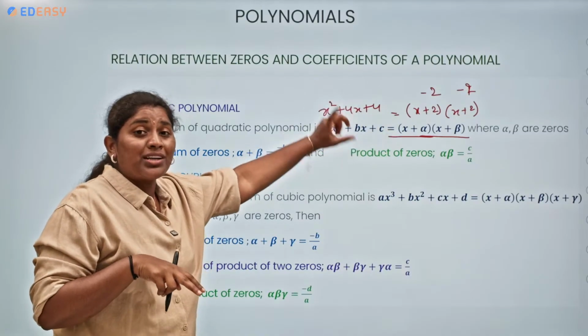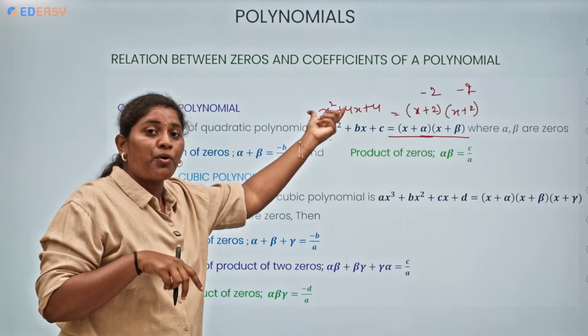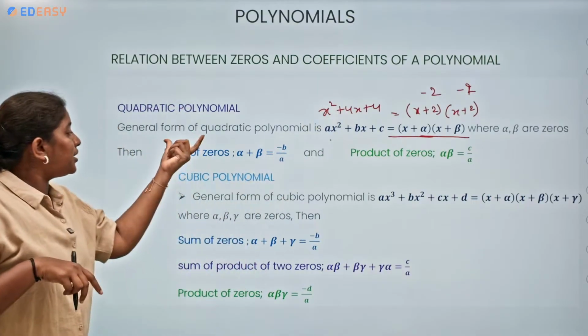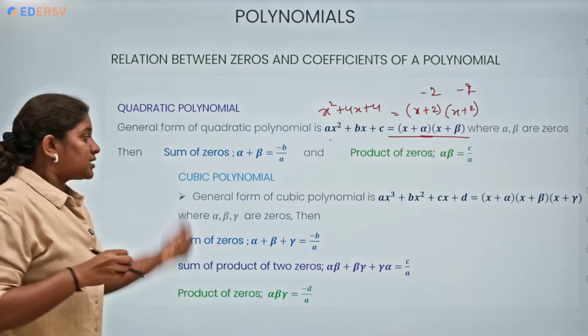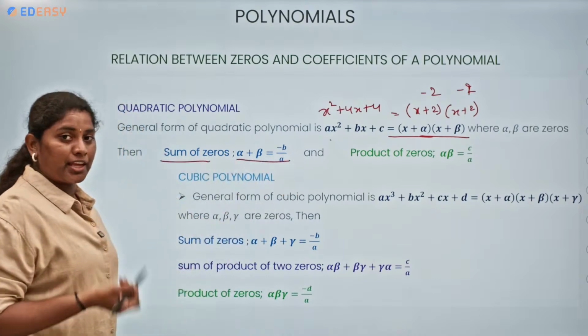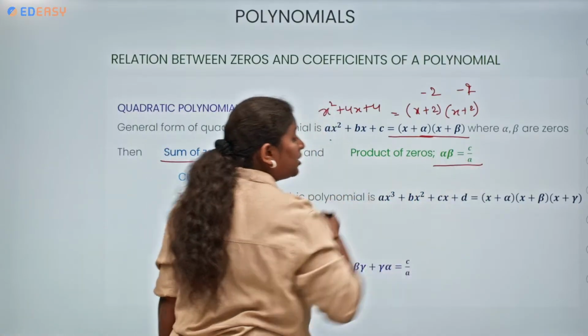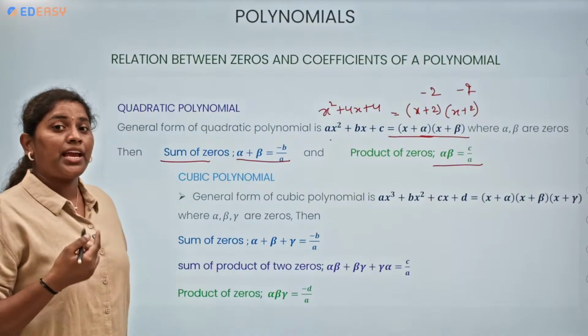So now what is the relation between those zeros and the coefficients of the polynomial? If you take the sum of these zeros, alpha plus beta equals minus b by a, and the product of zeros, alpha into beta, equals c by a.